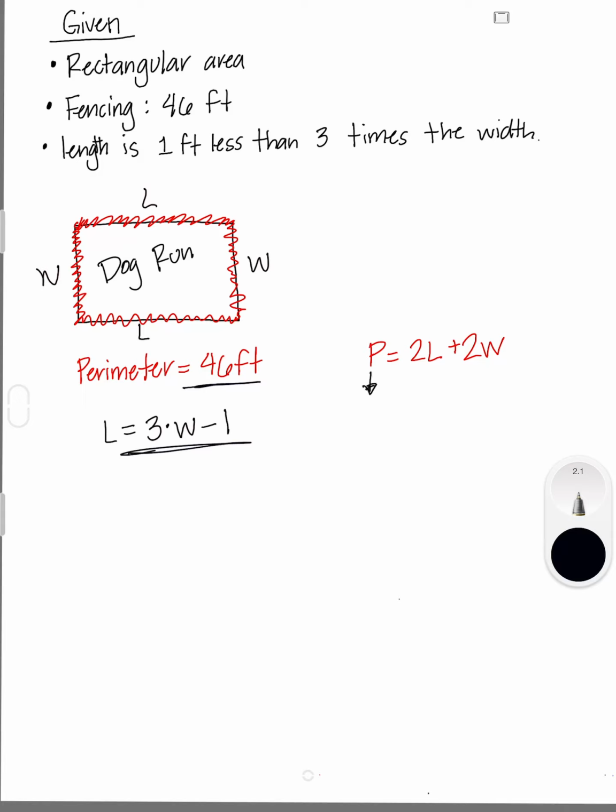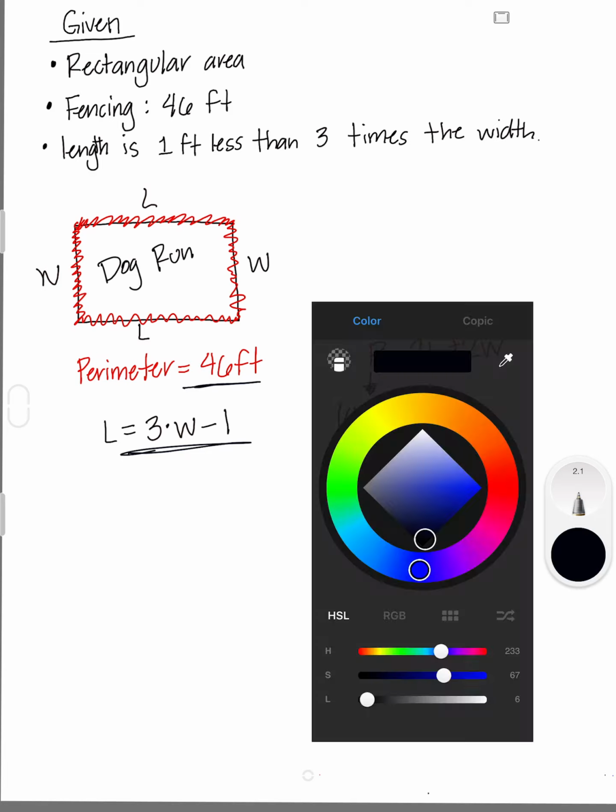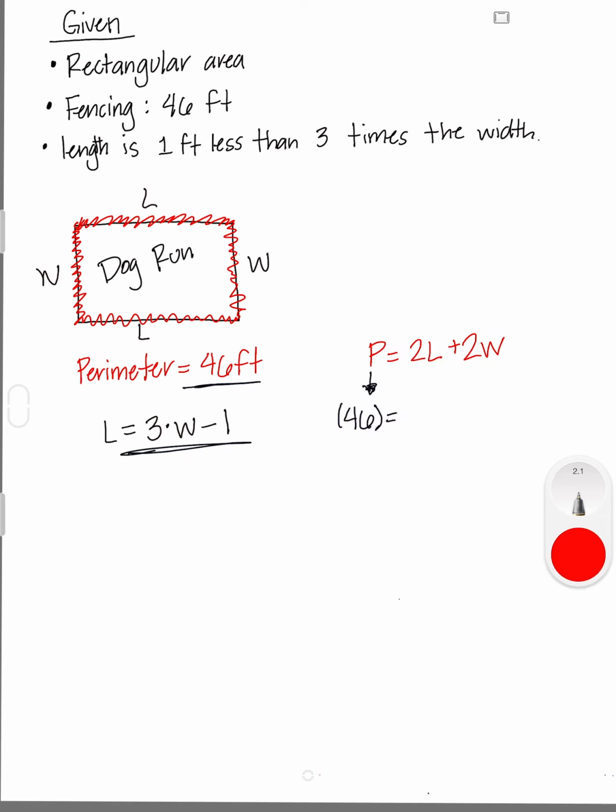So instead of P, I'm going to write 46 equals 2 times the length. The length is 3W minus 1, and then plus 2W.